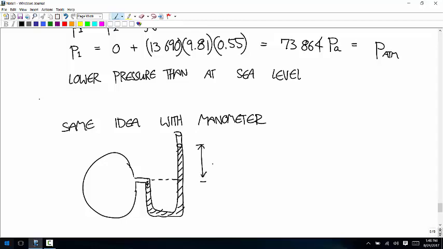This is the h you want. This is P1 and this is P2. You just have to remember that P1 in this case isn't just equal to rho g h. It's equal to the atmospheric pressure plus rho g h, because P2 is the atmospheric pressure.